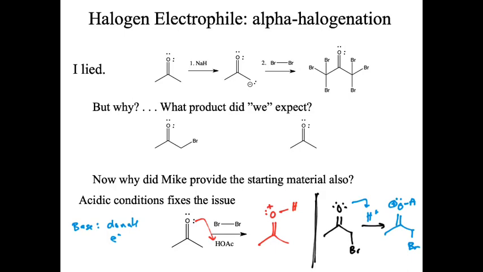What must a base do? Donate electrons where? Outside the structure. Once we add a single bromine on, those electrons are being pulled into the structure, the complete opposite direction they need to be to act as a base, which means the product after one substitution is less basic than we started, which means it won't react with the acid, so it stops after one substitution.